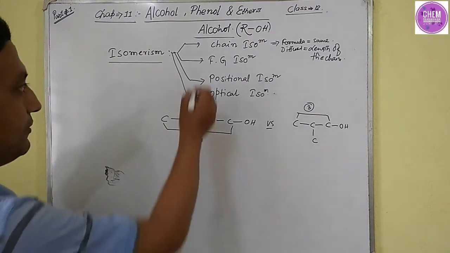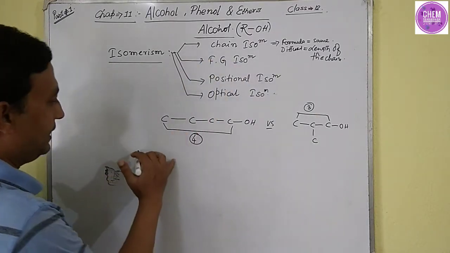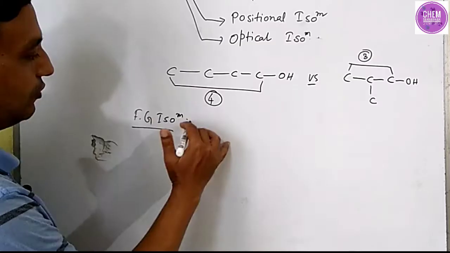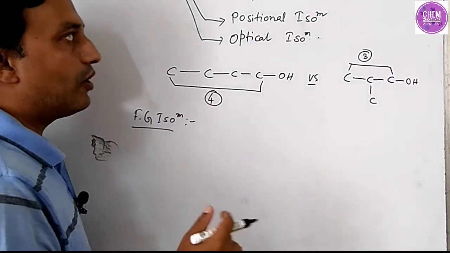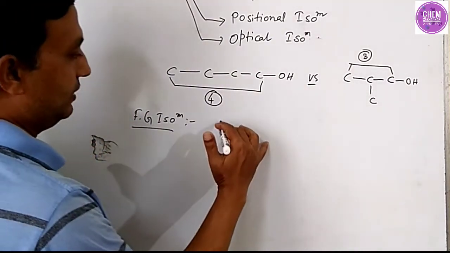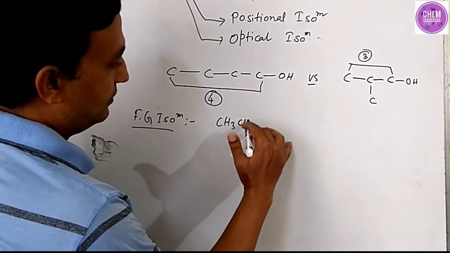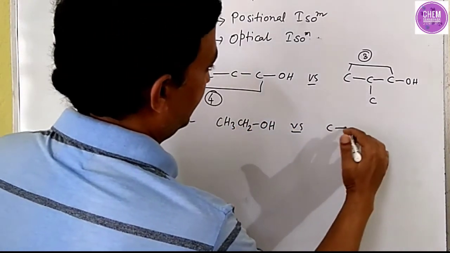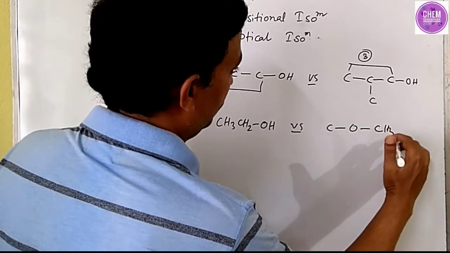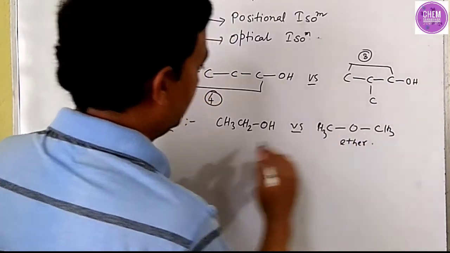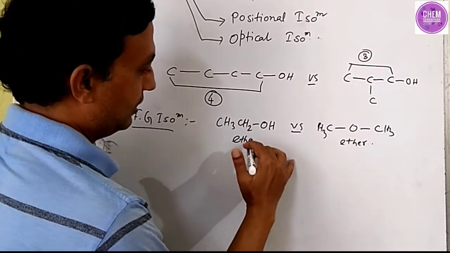Now coming to the section functional group isomerism, FG isomerism. What is this? Functional group isomerism means that the formula remains the same, but the functional group is totally different. Let us look at an example, ethyl alcohol versus, if oxygen is connected to 2 carbon atoms, then it is ether, that is dimethyl ether, and this is ethanol.